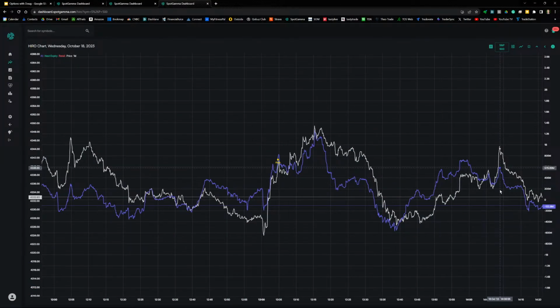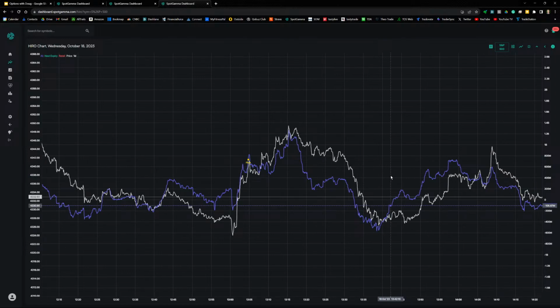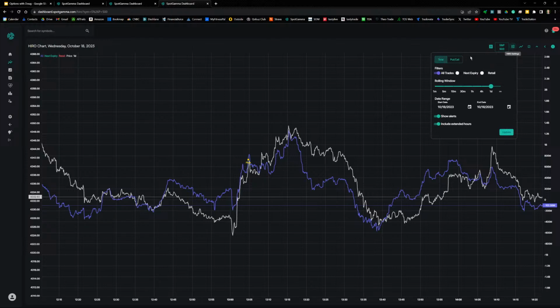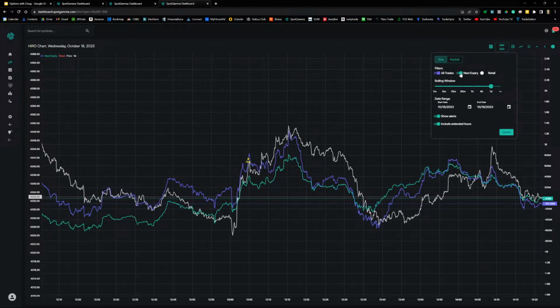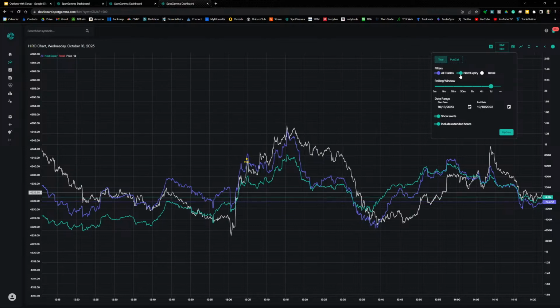So in this swing down, options traders are taking negative delta positions. And in this time range that I'm looking at, the zero DTE traders have a very strong correlation with next expiry, or the all expirations.